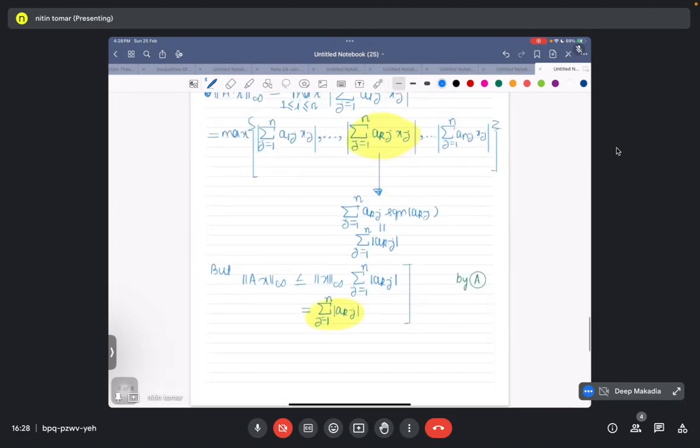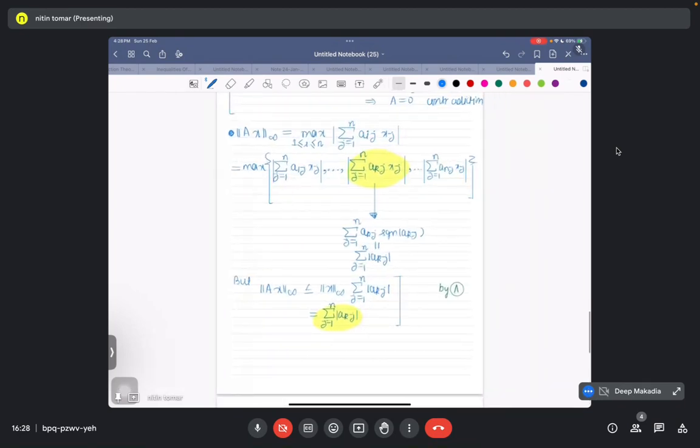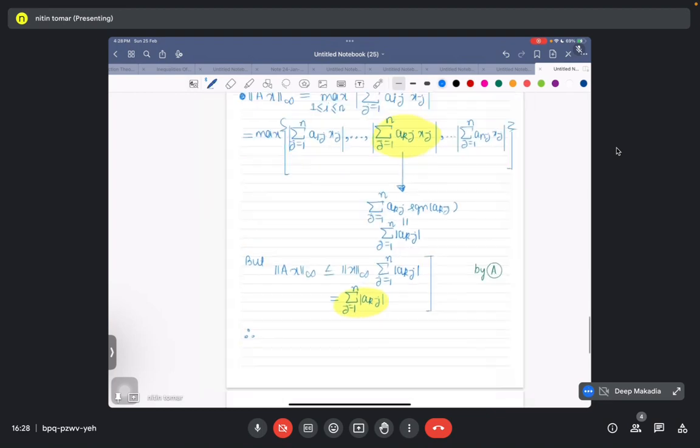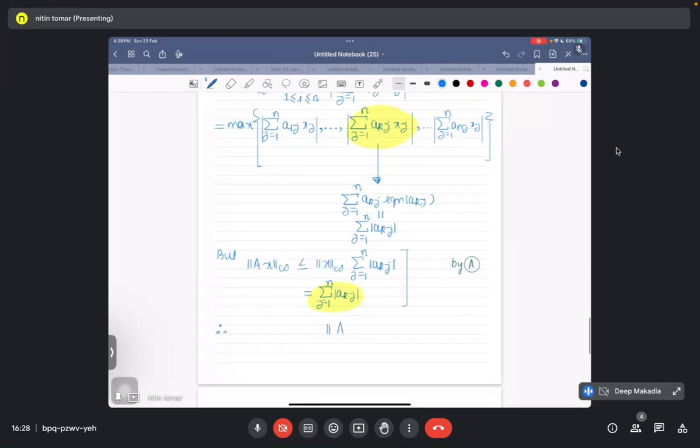No, don't say yes, sir. If you are not sure, then I will prove. Okay, there is an easier way. All of us agree that this is less than or equal to summation mod akj. Am I correct? This is the second thing, right? This we have proved by this. All of you agree with this?